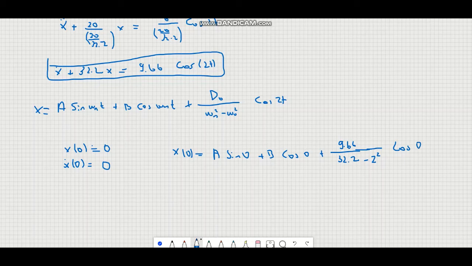So this is equal to 0, because our initial condition is 0.